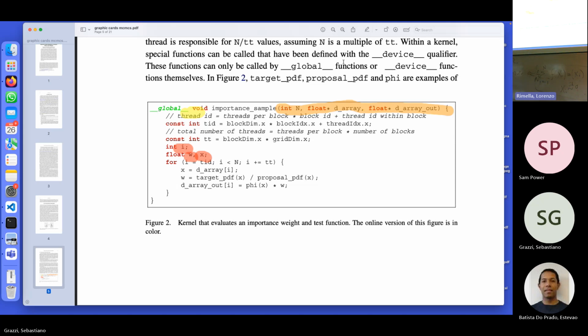The other feature is that all functions on the GPU need to return void, so they return nothing. My aim was actually to implement a few things in Julia, because I usually use Julia for implementation. You can do GPU implementation with Julia.